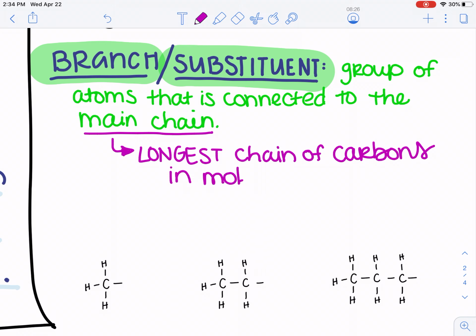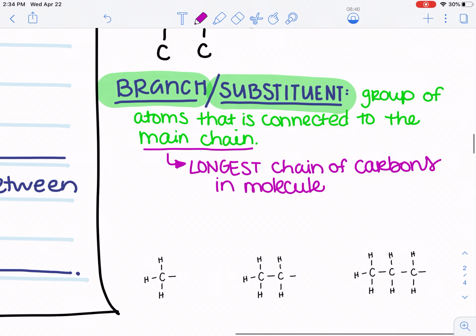And something to be aware of is that the longest chain might not be straight. I draw them straight to begin with to get us started, but as we get better and better at this, the longest chain we have to be very aware of is not necessarily going to be in a straight line.